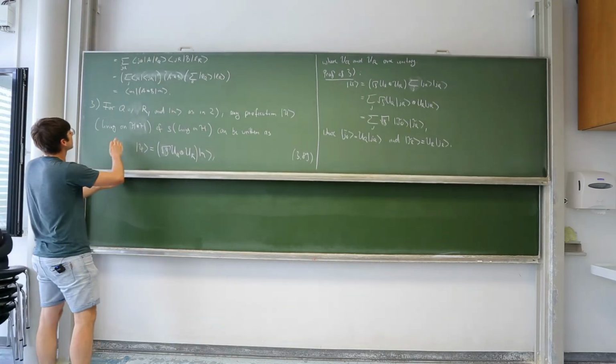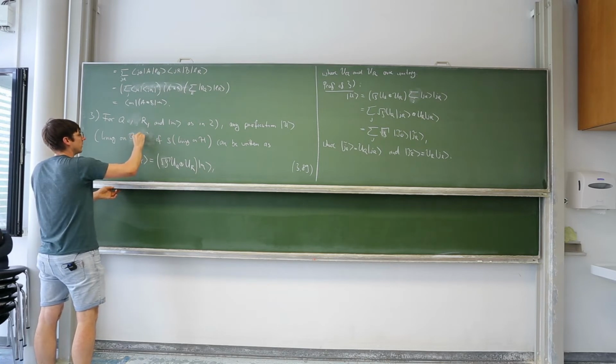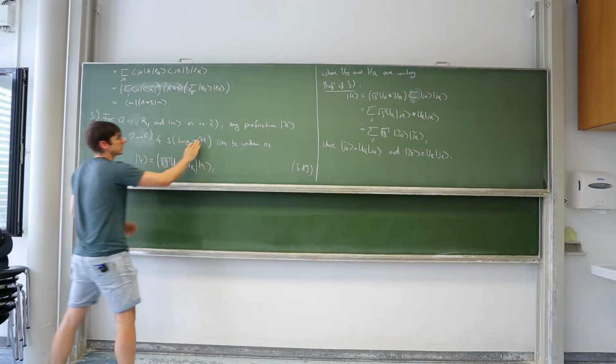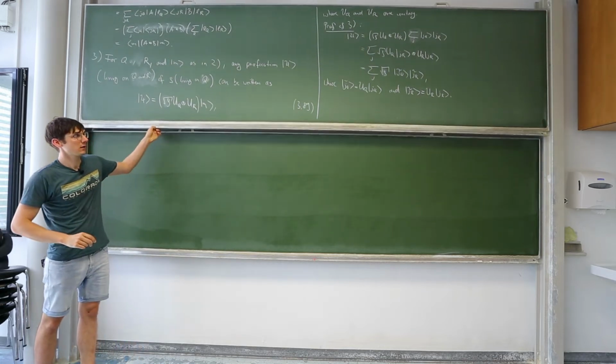So this state is living on Q and R, and this lives on Q, to be precise, right?